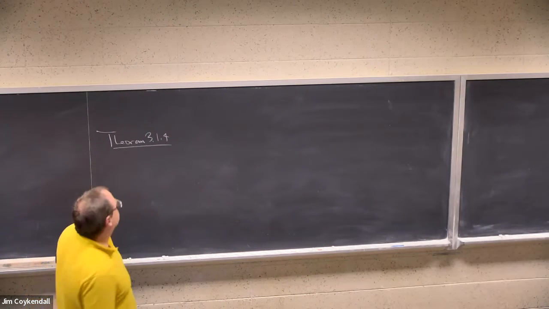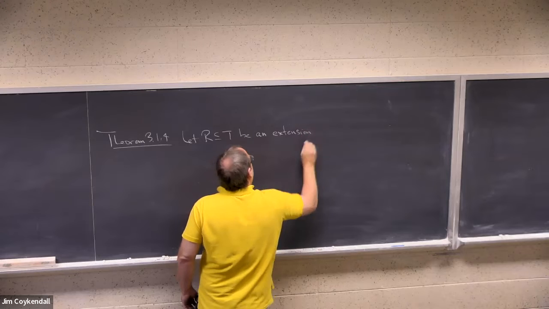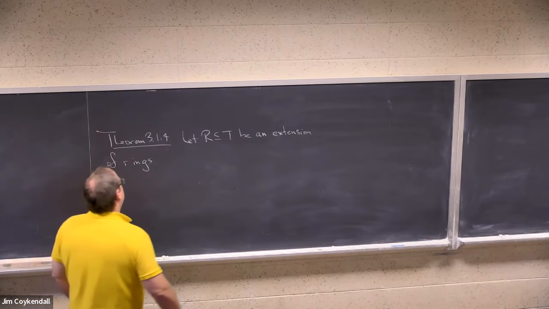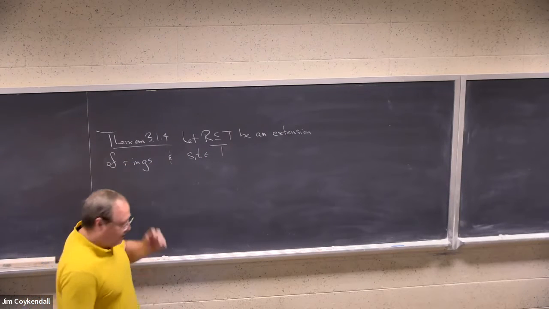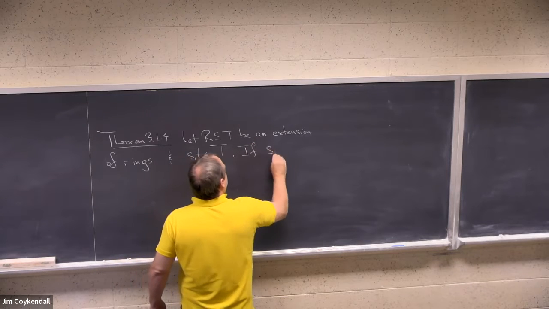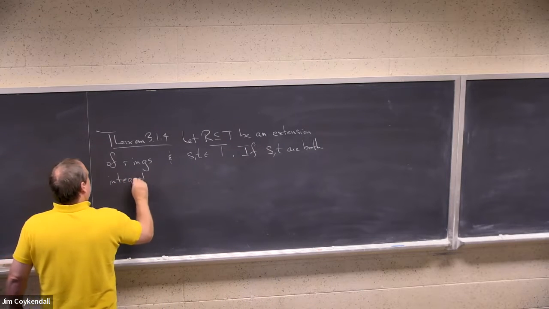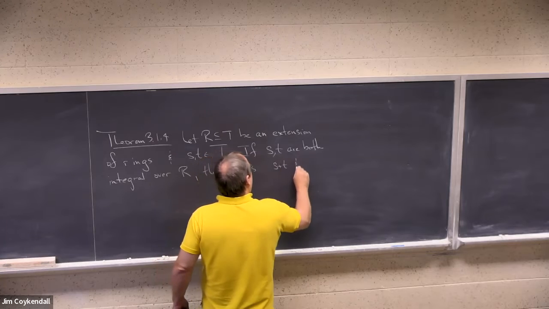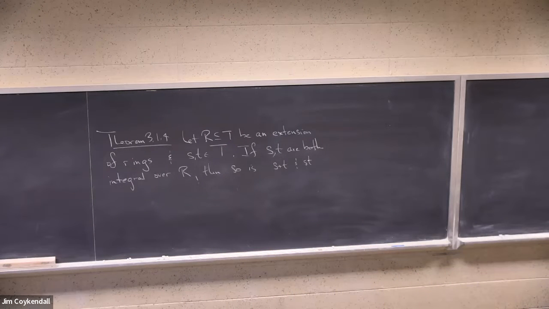Theorem 3.1. Let R be a subring of rings S and T. If S and T are integral over R, then so is S plus T and ST. If you remember from back in the day, when you did maybe field theory, this is very similar, the same idea with algebraic.